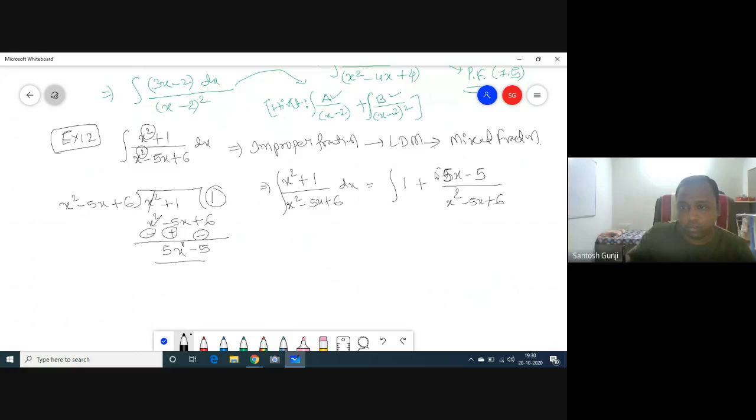So this is going to be split into two parts like this. The integration of 1 is x. It is solved already. Now only this part you need to simplify.